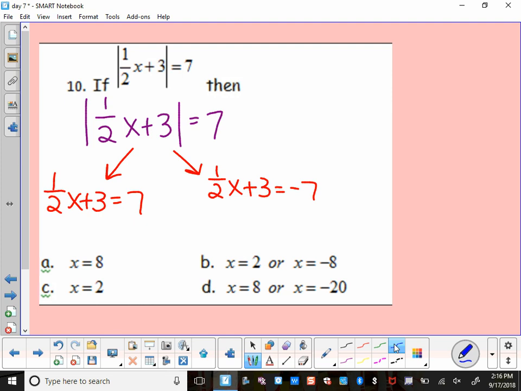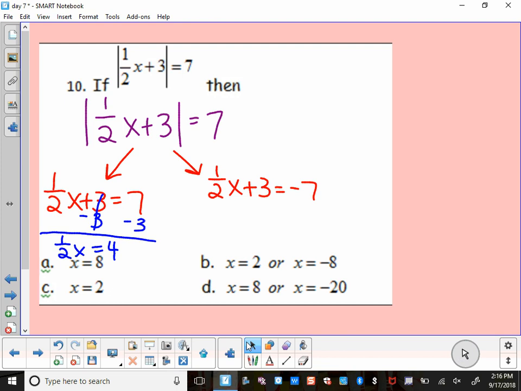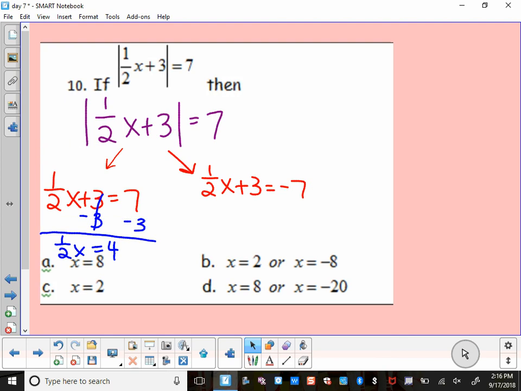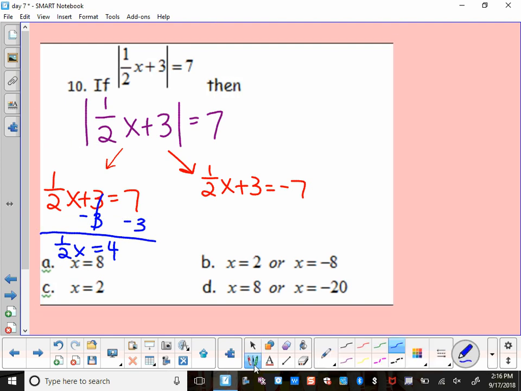Over here, I'm going to subtract 3 first. So I have 1/2 x is equal to 4. Then we are going to multiply by the reciprocal on both sides. 1/2, to get rid of that, we multiply by 2 on each side.